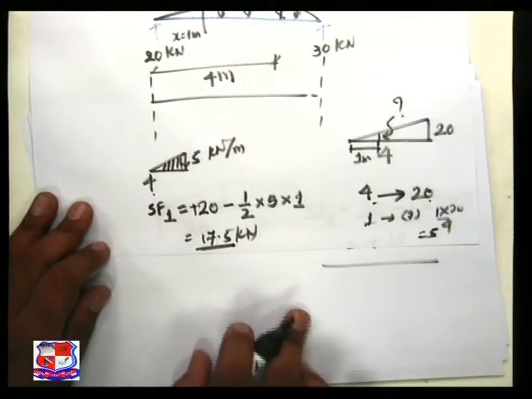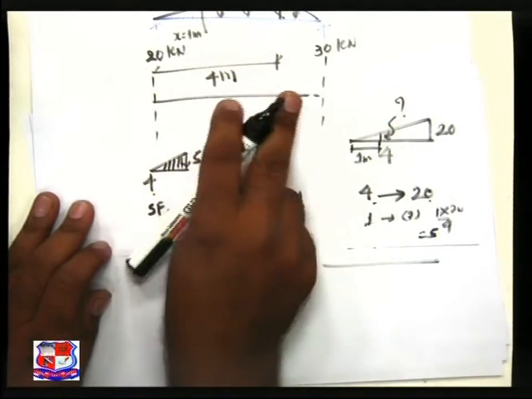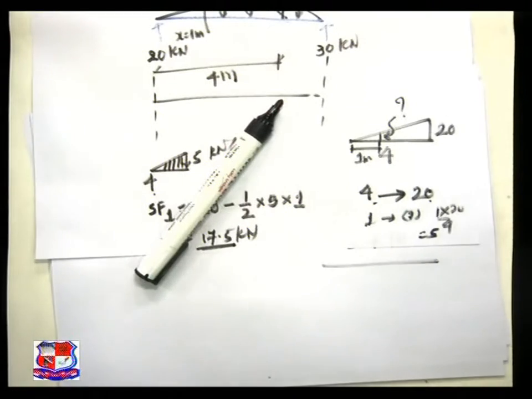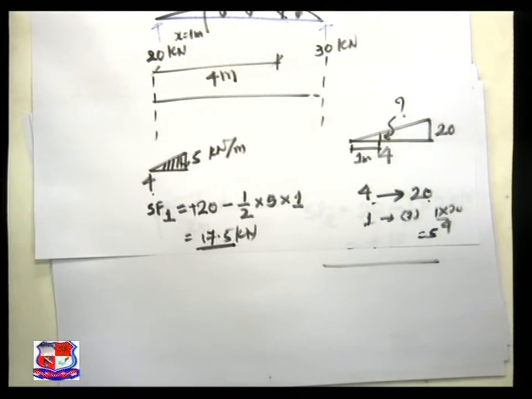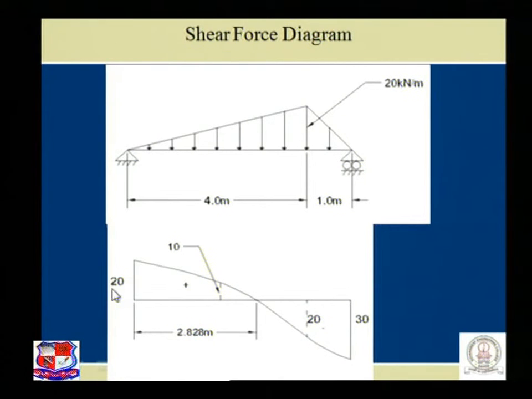By plotting all these ordinates and then joining all the ordinates, we will achieve this shear force diagram. Now, very carefully visualize while we plot this diagram: the ordinate at 1 meter is a positive value, at 2 meter it is a positive value, but at 3 meter and 4 meter the values come with negative sign.